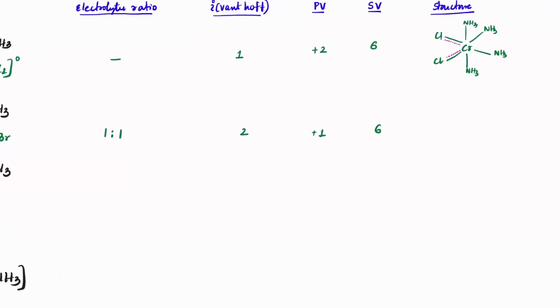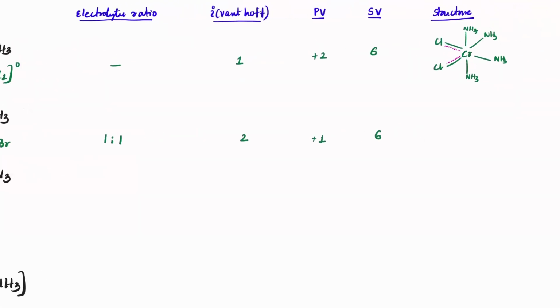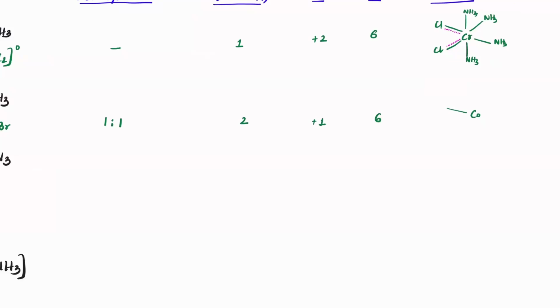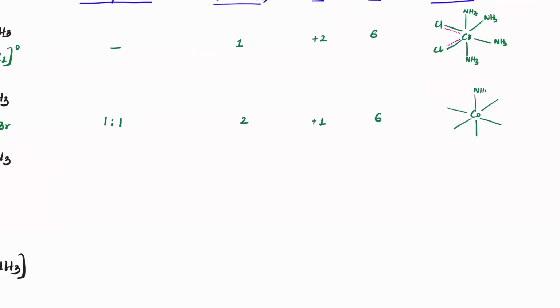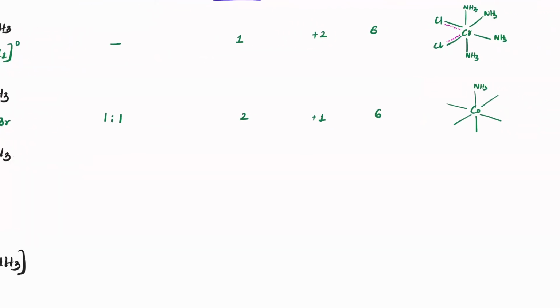Now, if I write the structure, which is pretty much similar to what I have written above, let me rewrite that. We have cobalt here with 6 connections, out of which all 6 are coming from ammonia only.